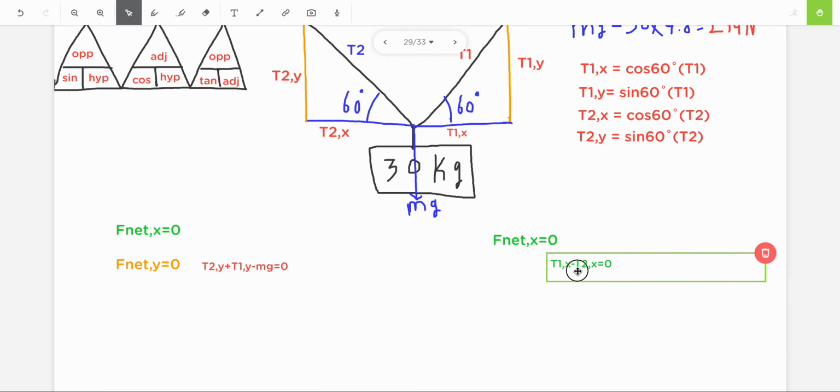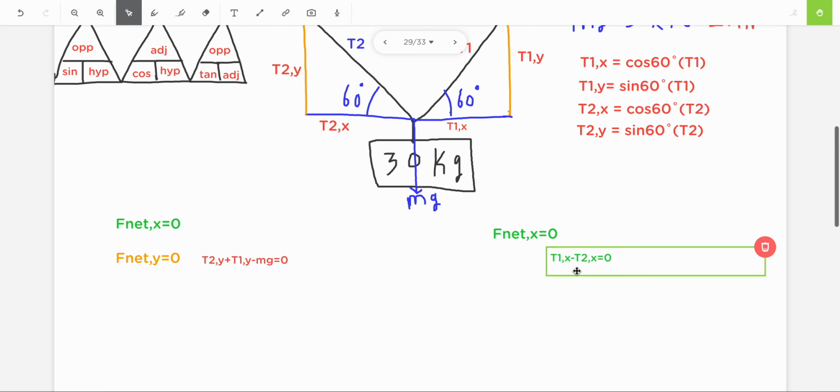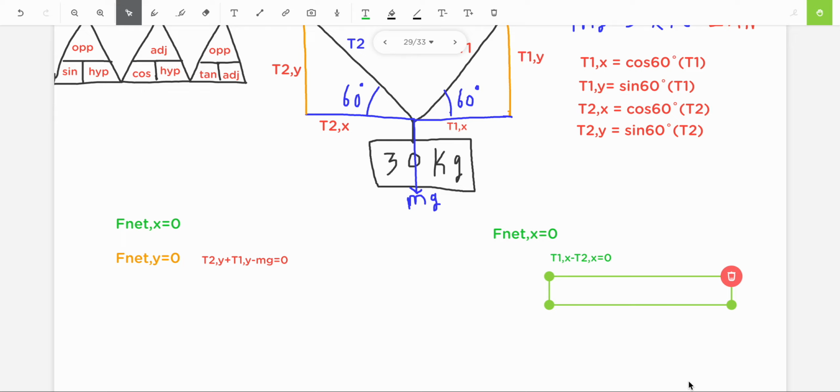First of all, we should substitute these numbers inside this equation.